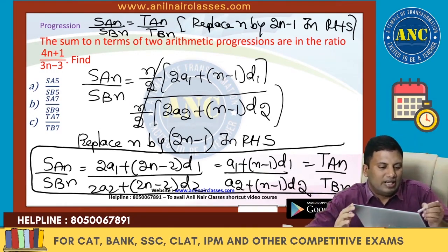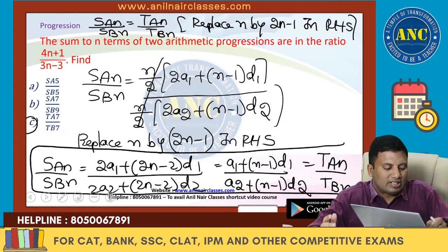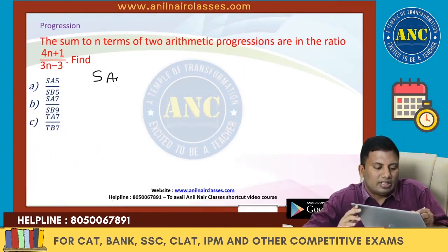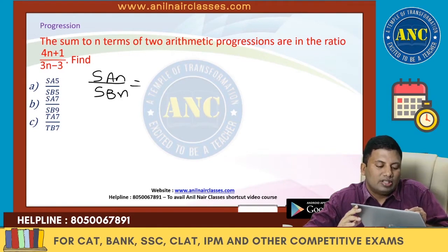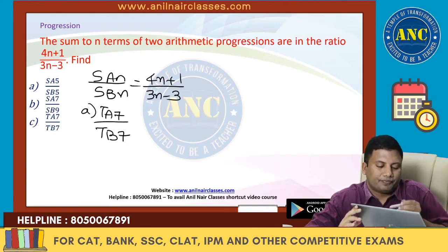Now, because we discussed this, let us do question number C. The concept is SAn by SBn, which is 4n plus 1 by 3n minus 3. So, I want TA7 by TB7.